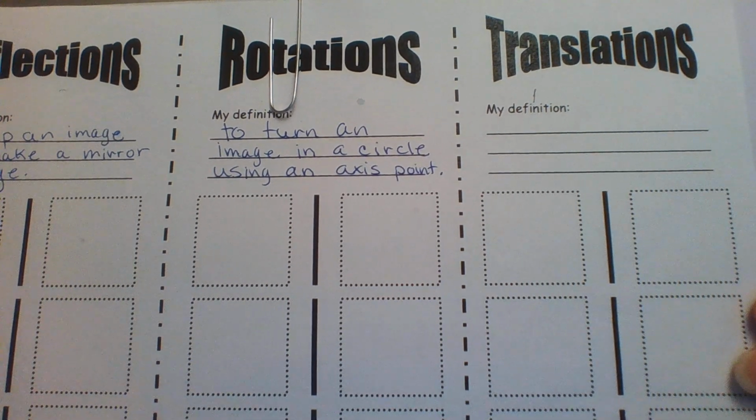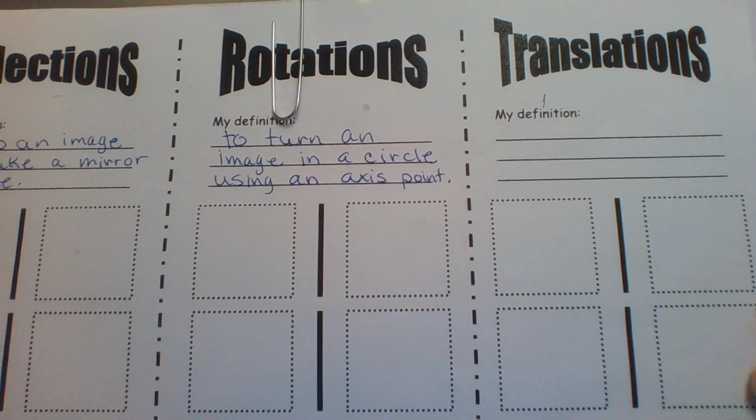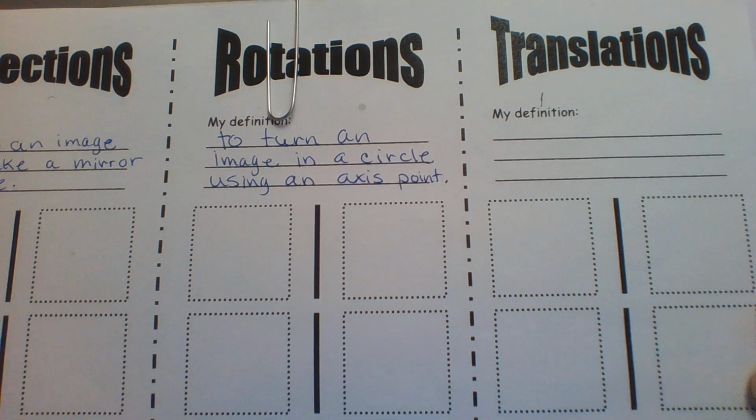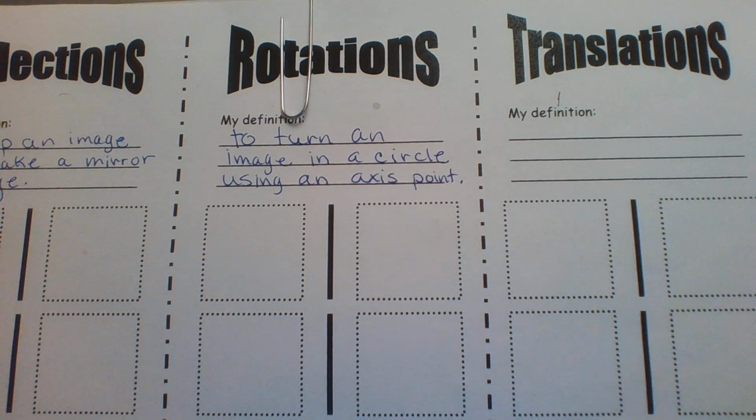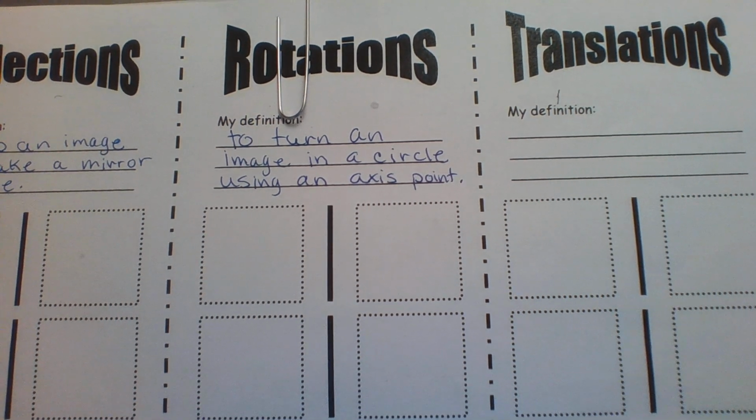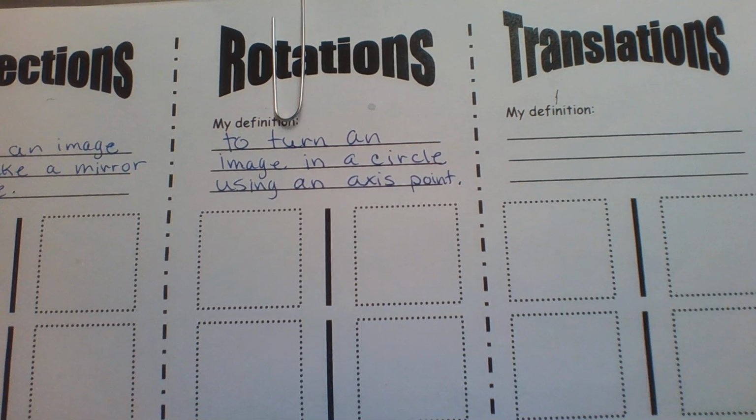To turn an image in a circle using an axis point. And a rotation can appear anywhere from moved 5 degrees up to 360 degrees, all the way around in a circle. We'll look for some examples of that in a minute.